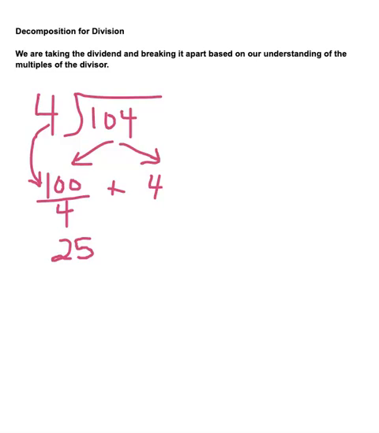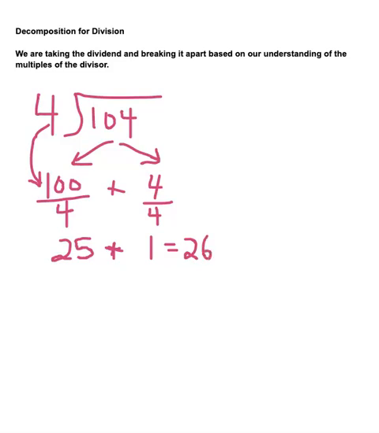I do the same thing for the 4, so 4 divided by 4. How many 4s are in 4? I know that's 1. So then I ask myself, okay, I have a set of 25 and a set of 1. If I add them together, what do I get? I get 26. So it's quite simple when you have some simple numbers.